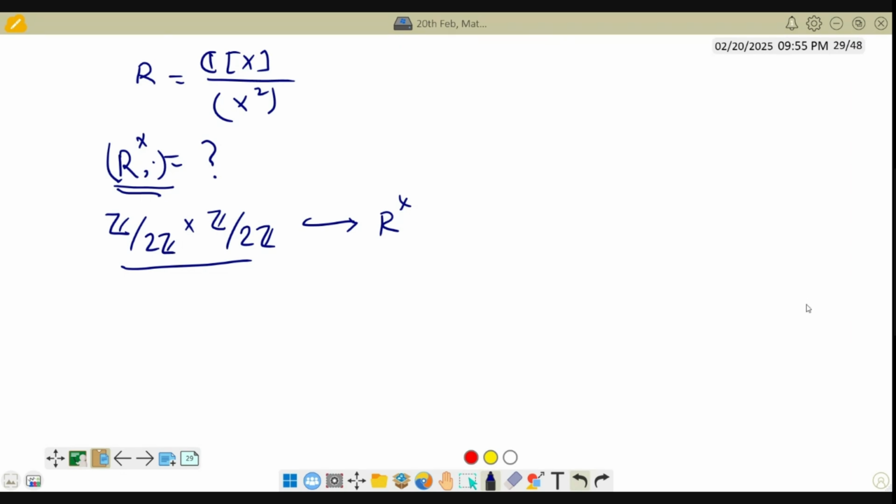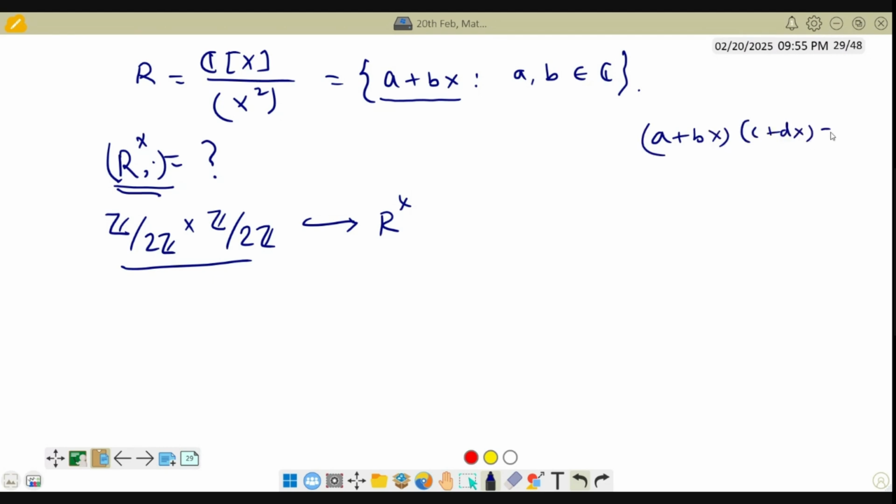A linear polynomial, good. So this is just a plus bx such that a, b are from C. This is the polynomial. Now find among these elements, what are the units? That means you need to find a plus bx times c plus dx that is 1, right?